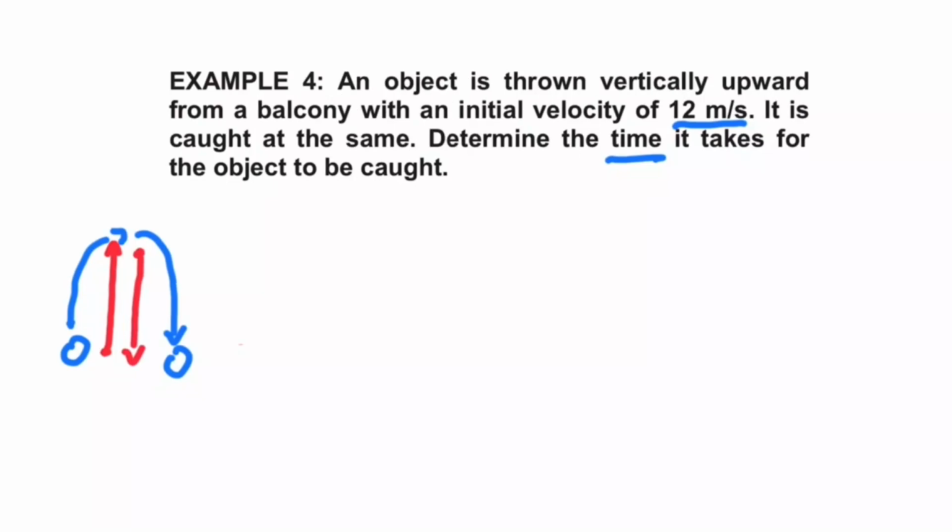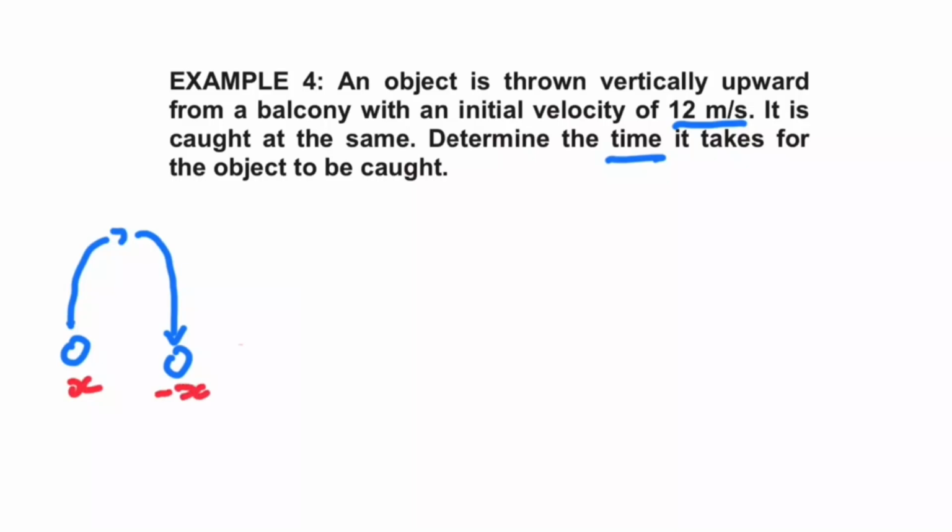If we calculate the time it takes to reach its maximum height and multiply that by 2, we would have the time it takes for the object to be caught from the time it is thrown upwards. So that is one thing that is true and that we can utilize in order to answer this question. Another concept we can use is that if it is thrown upwards with a velocity x, when it goes down at the same position, it will have a velocity of minus x.